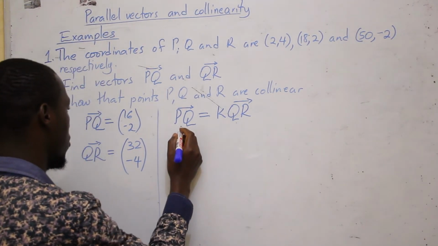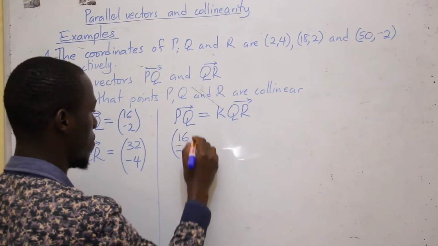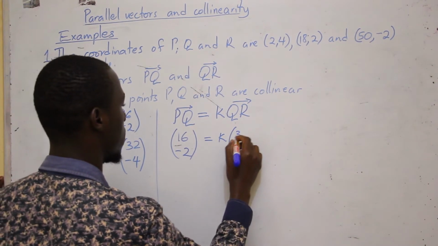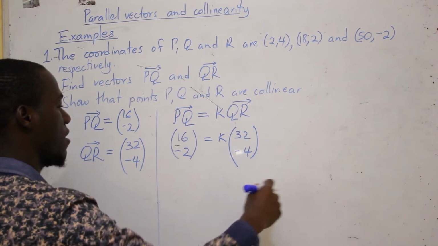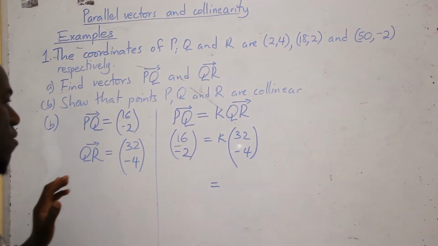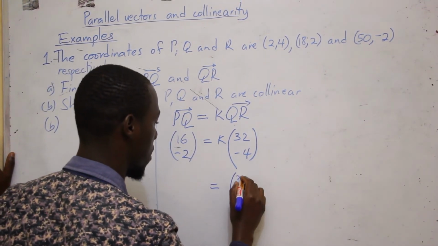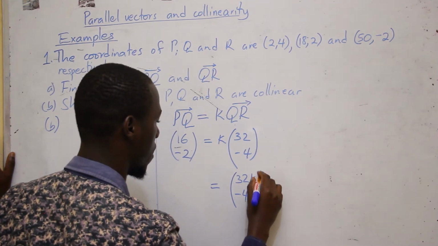So when I substitute, this is 16, negative 2 is equal to k times 32, negative 4. On the right hand side, I have a multiplication of a scalar, so I first multiply it. That becomes 32k, and negative 4k.